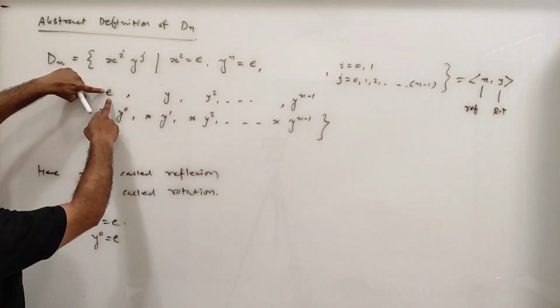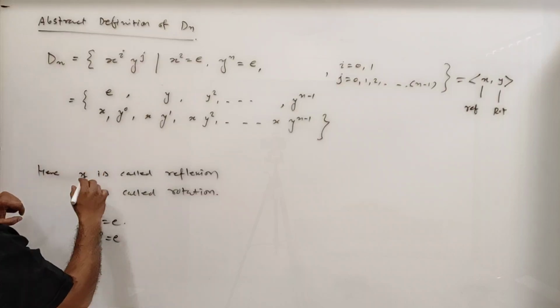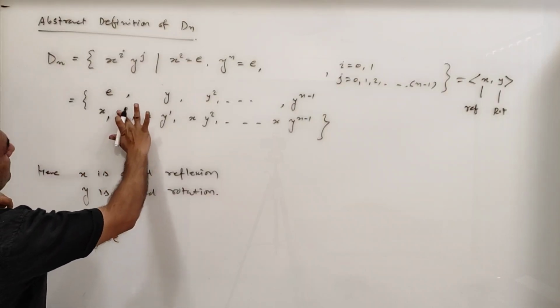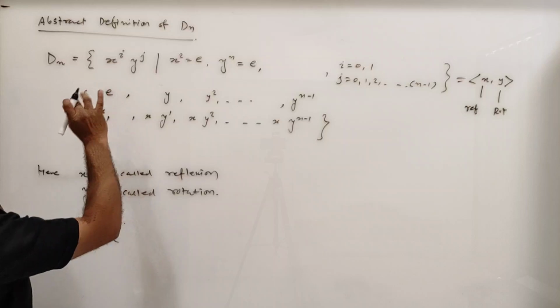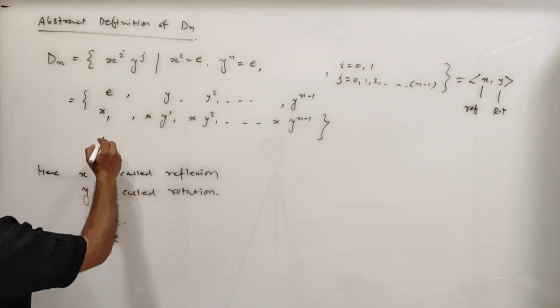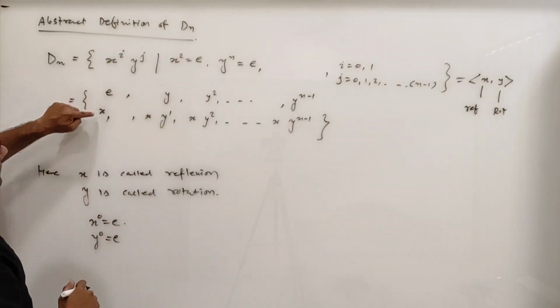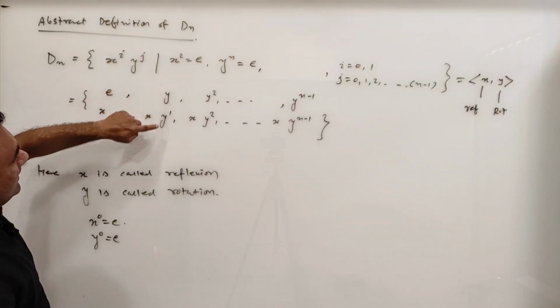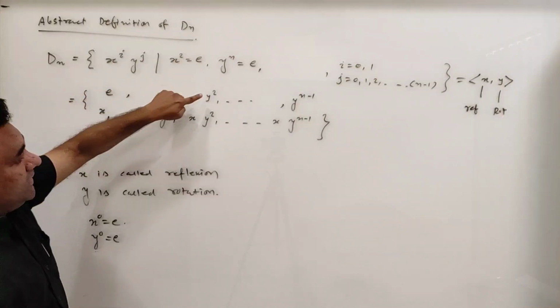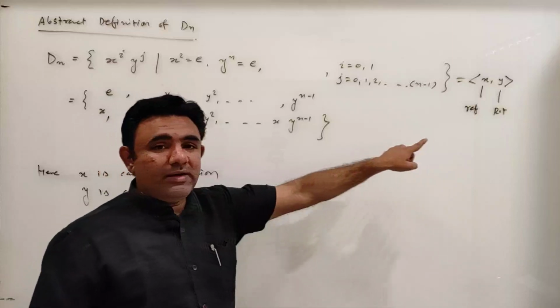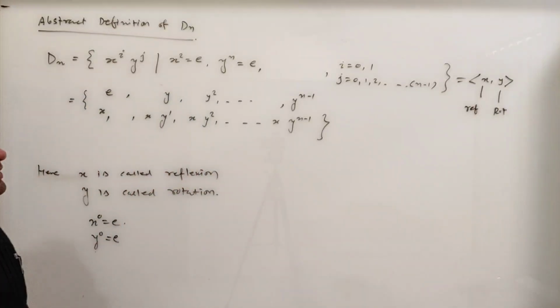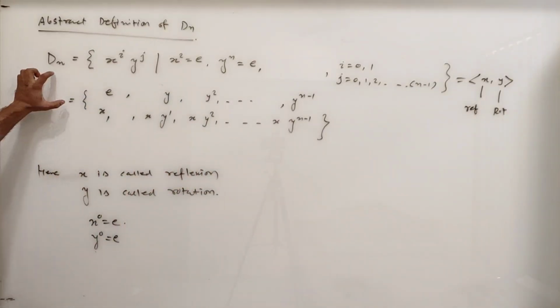You multiply E by x, then it is x, then y by x, then xy, y square by x, then xy square, and so on, right? So your Dn looks like this.